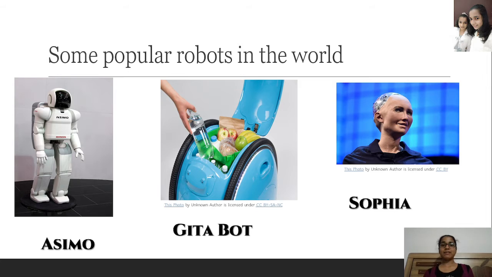I am sure that in future you won't need to carry your bags for your items. It is very useful. Next is Asimo, which is developed by Honda. Its functions are that it can use stairs, it can walk, and it can even run. So robots can work very efficiently, very nicely. They can behave like human beings, etc.